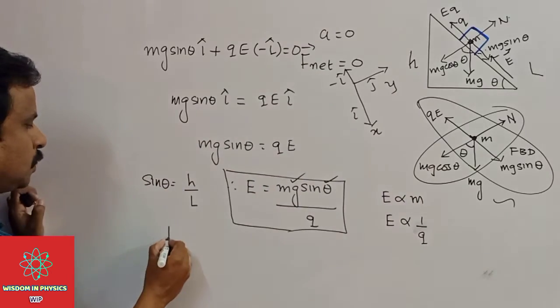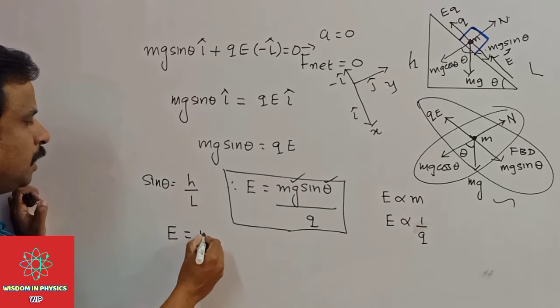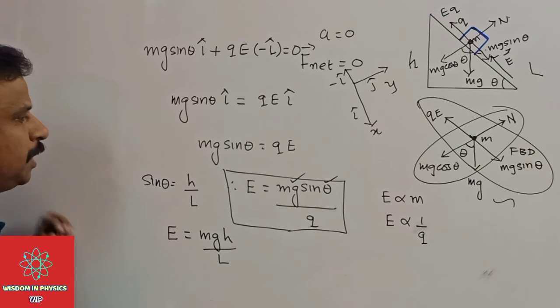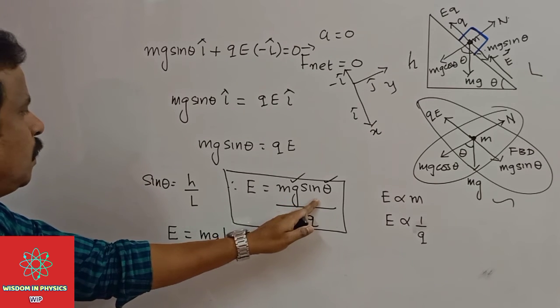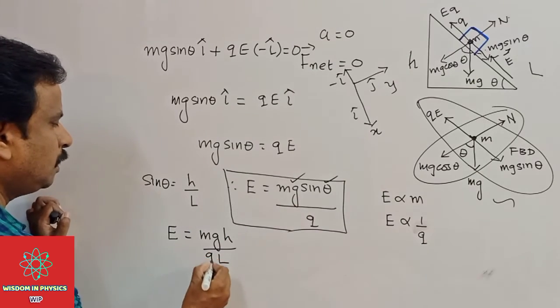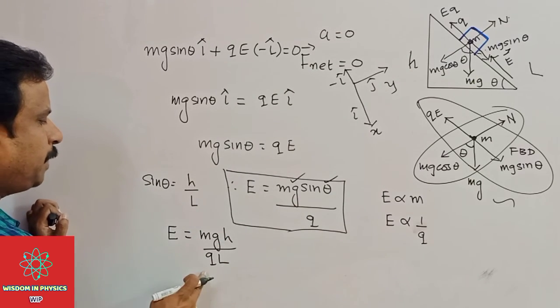So you put that there. E is equal to m into g into h divided by L into charge, that is mgh divided by QL.